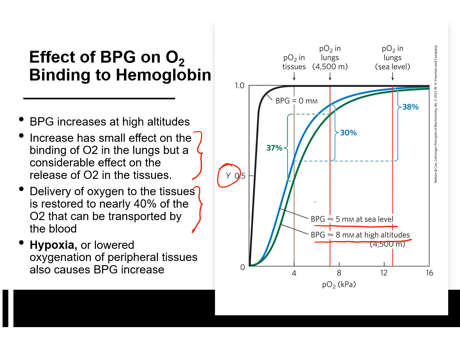So how does this work? Well, the first thing we want to look at is this close to 40% figure that is the desired number.